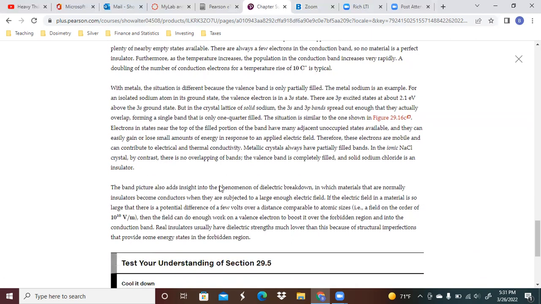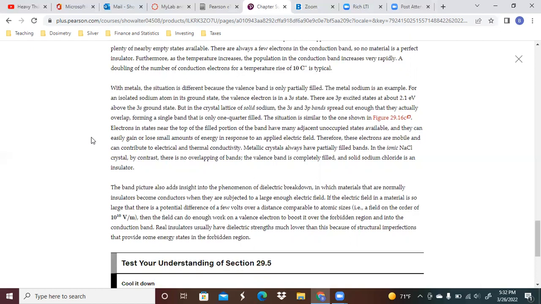With metals, the situation is different because the valence band is only partially filled. The metal sodium is an example. For an isolated sodium atom in the ground state, the valence electron is in a 3s state. There are 3p excited states at about 2.1 eV above the 3s ground state. But in the crystal lattice of solid sodium, the 3s and 3p bands spread out enough that they're actually overlapping, forming a single band that is only 1/4 filled.